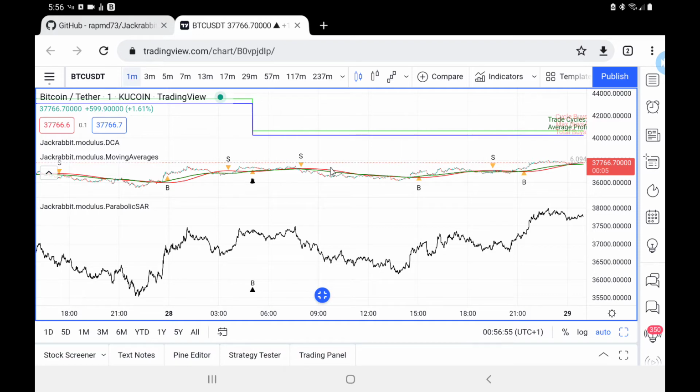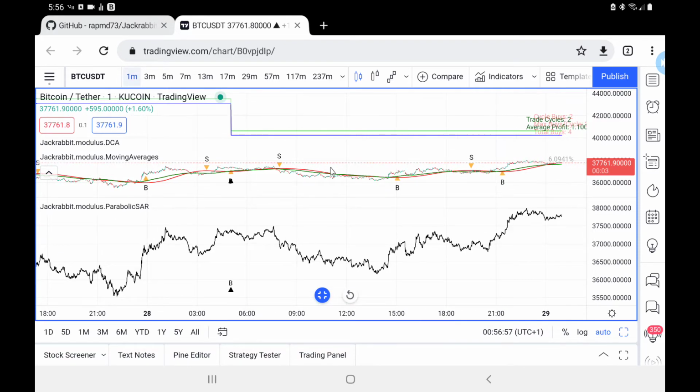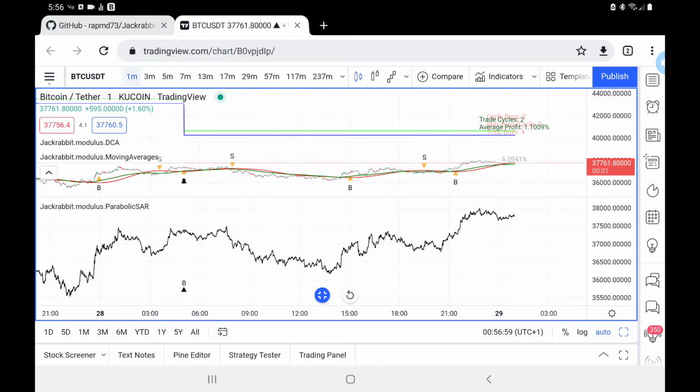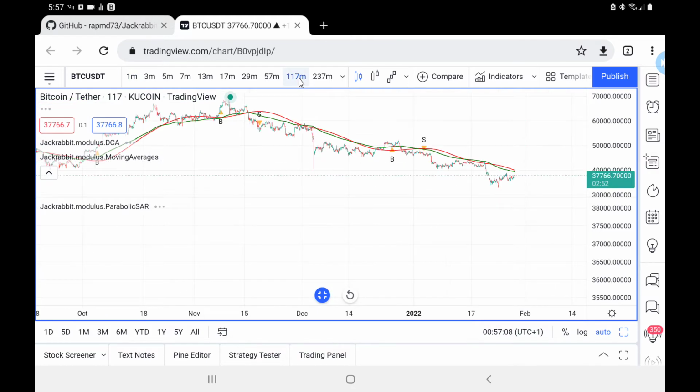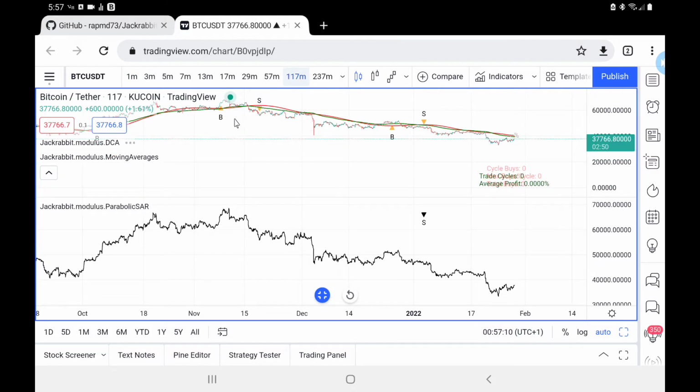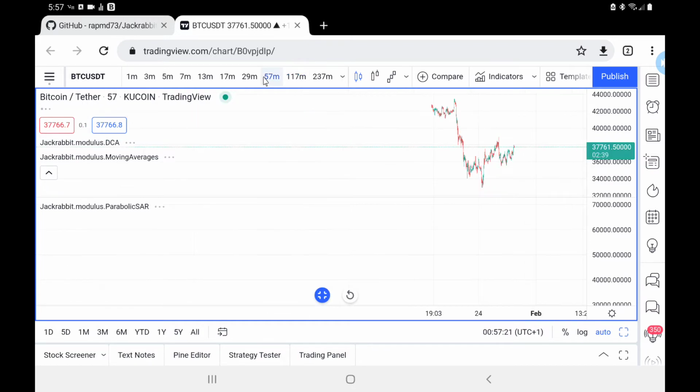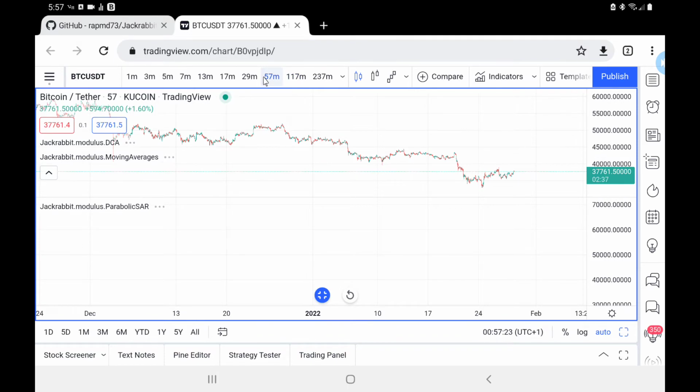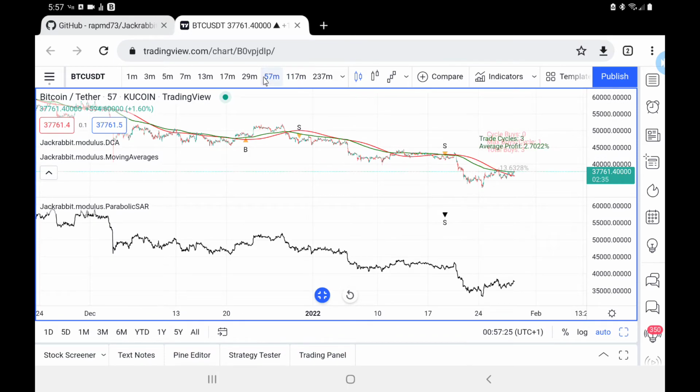Parabolic stop and reverse. A little more aggressive than some of the others we've had, but even still, only 2 completed trade cycles. Straight up to middle of November, doesn't even touch it. In fact, it doesn't even get near the whole year at the higher time frames. That's interesting considering parabolic stop and reverse is quite aggressive.